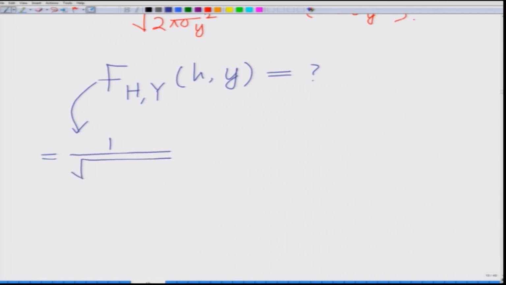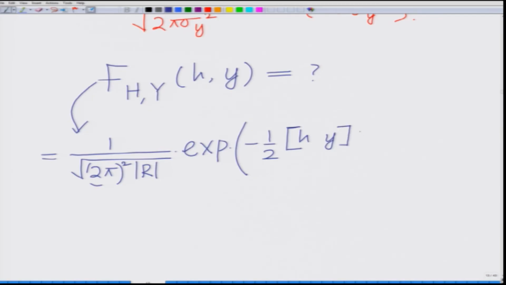This is given as 1 over square root of 2 pi squared determinant of R, times exp of minus half the row vector h y times R inverse times the column vector h y. This is basically the joint probability density function.